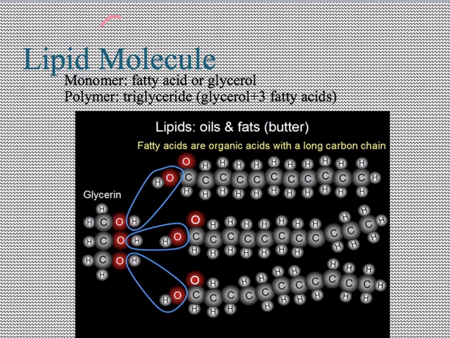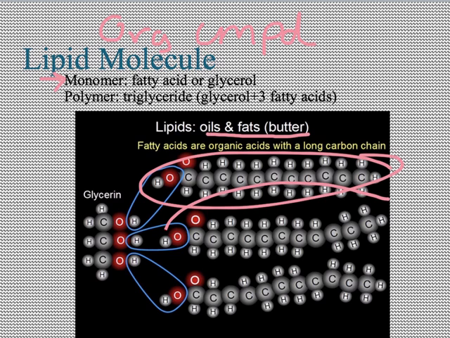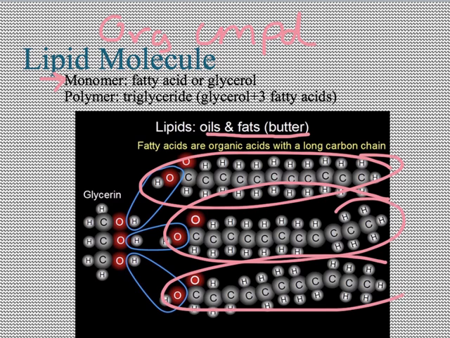Our next organic compound, or macromolecule, is the lipid. Alright, a lipid is our oils and our fats, like butter. Monomers of lipids are fatty acids or glycerol, because if you see down here, here's a fatty acid chain, here's a fatty acid chain, and here's a fatty acid chain.